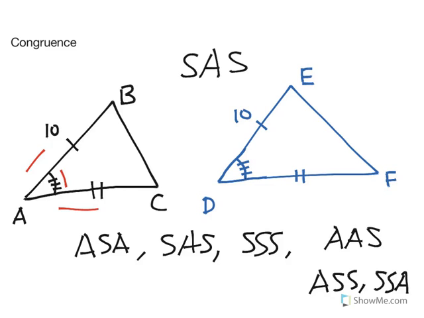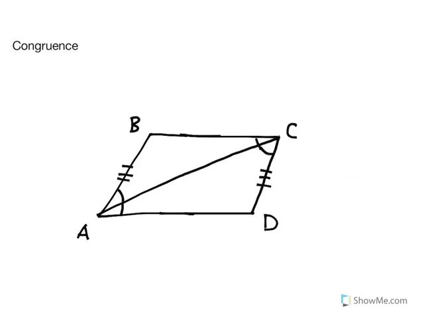In addition to SAS and triangle congruence theorems, we also have to know some properties of quadrilaterals, like this parallelogram. To find out if triangle ABC is congruent to triangle ADC, we have to know that in parallelograms the opposite sides are always congruent. So we can say these two sides are congruent to each other.